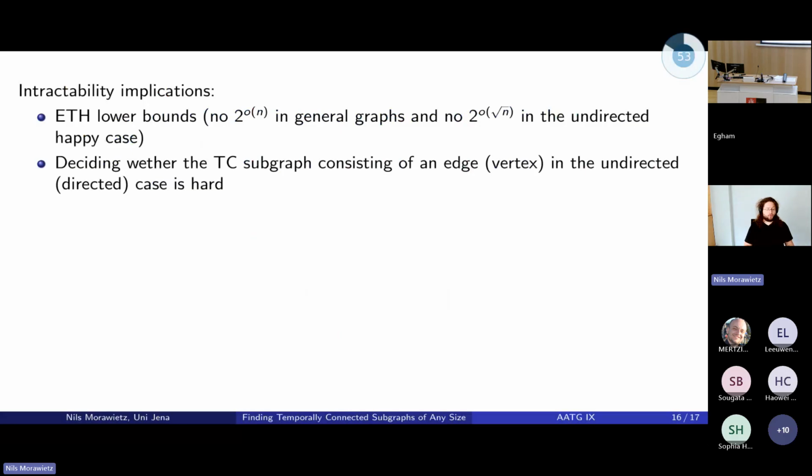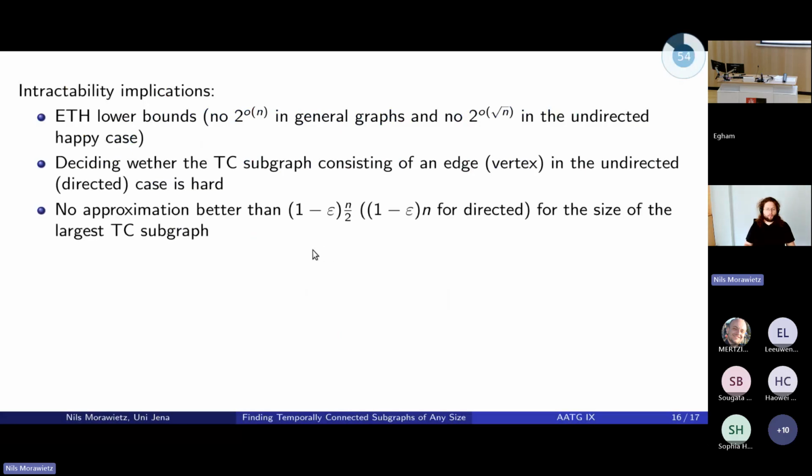What is also hard is approximation. So you cannot approximate the size of the largest TC subgraph better than (1 minus epsilon) times n over 2 in undirected graphs and (1 minus epsilon) times n in directed graphs. And these bounds are tight in the sense that in a directed graph, you can always find an n approximation.